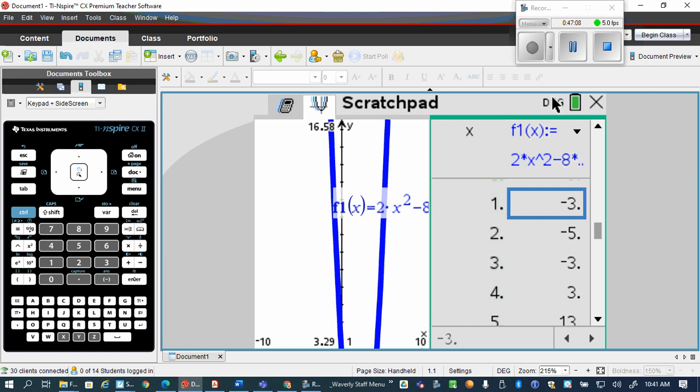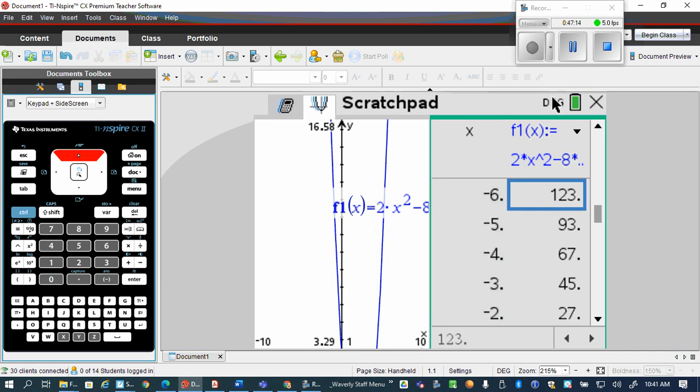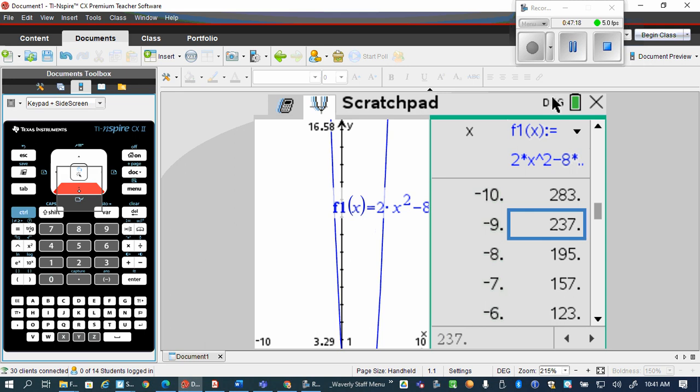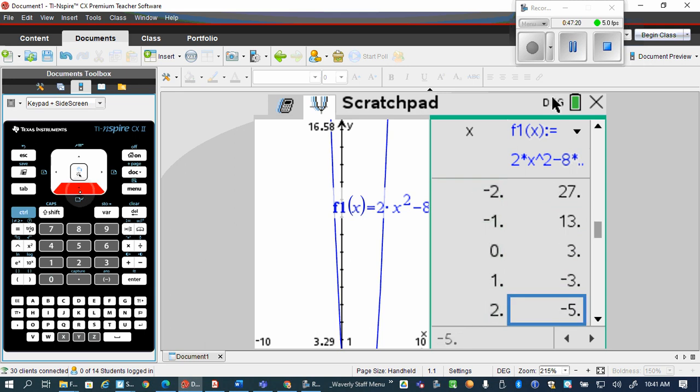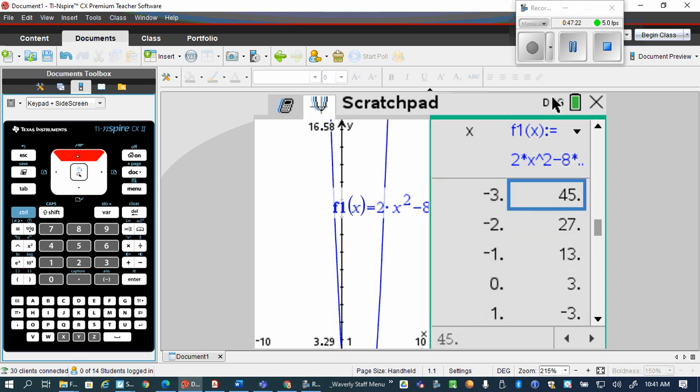So let's look at what we got here. 13, 3, -3, -5. There is enough space to put the negative.